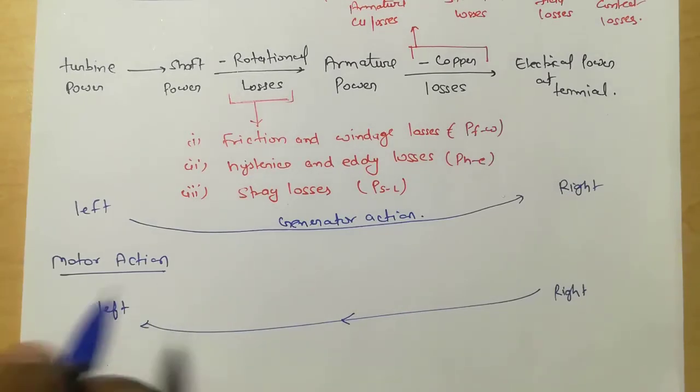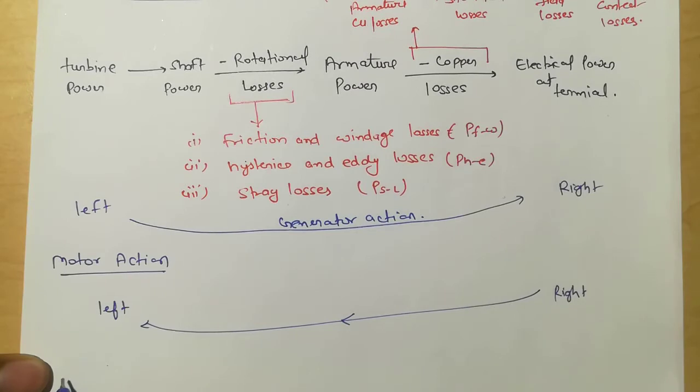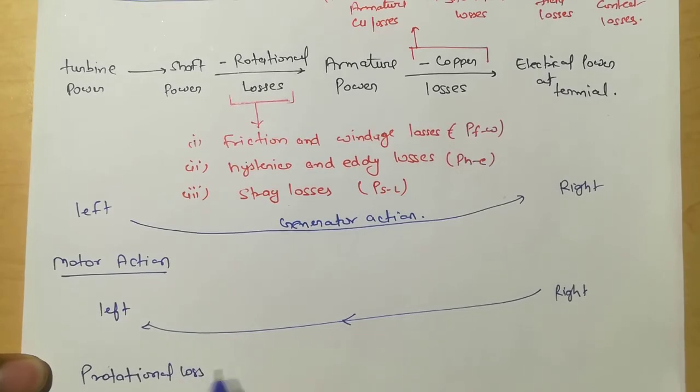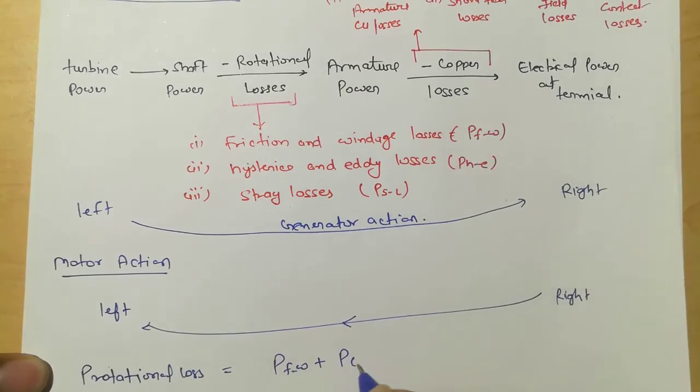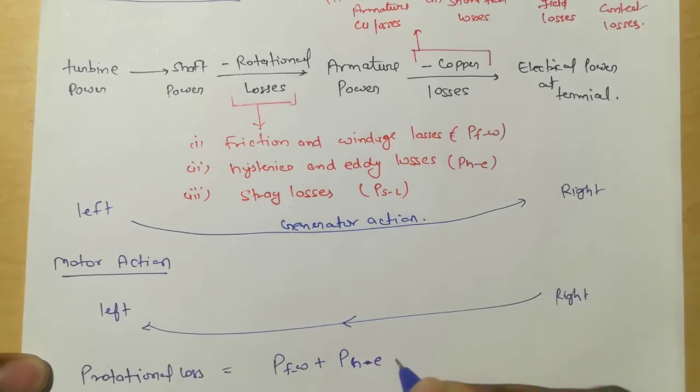Now the rotational losses: P rotational, the power of rotational losses, is equal to PFW friction and windage losses plus PHE hysteresis and eddy current losses plus PSL stray losses.